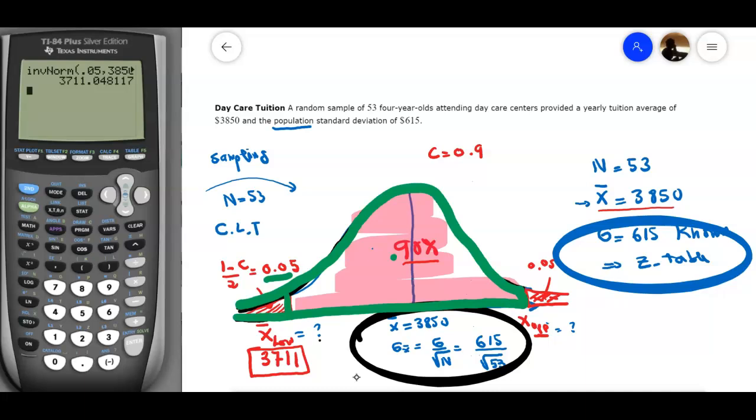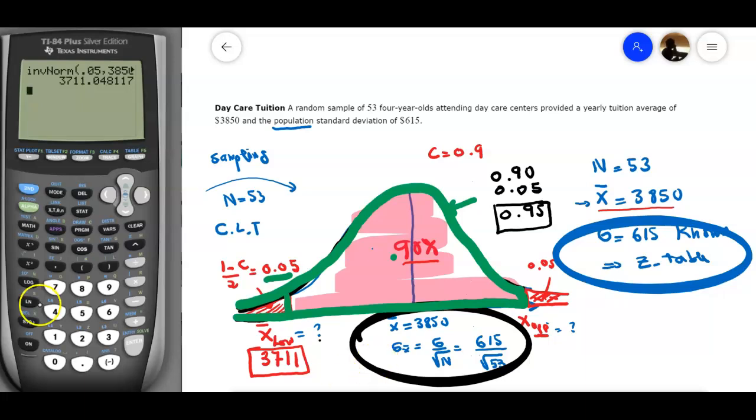So the total area in here is going to be 0.90 plus 0.05, and this is going to be 0.95. So this is the left area that I need to feed to the calculator.